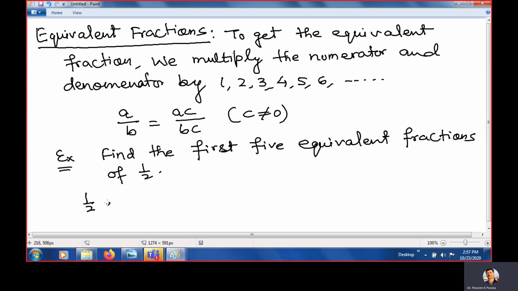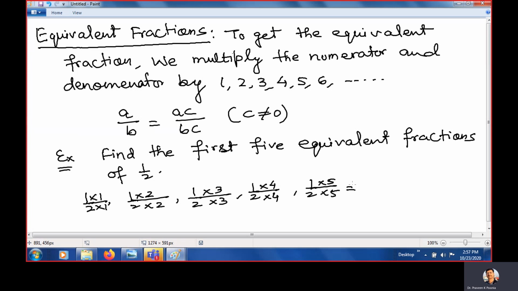We will write 1 upon 2 into 1 into 1, 1 upon 2 into 2 into 2, 1 upon 2 into 3 into 3, 1 upon 2 into 4 into 4, and 1 upon 2 into 5 into 5. So we are simply multiplying the numerator and denominator by the sequence of numbers. Then you will get all the equivalent fractions.